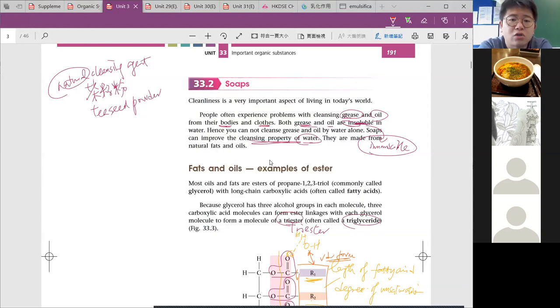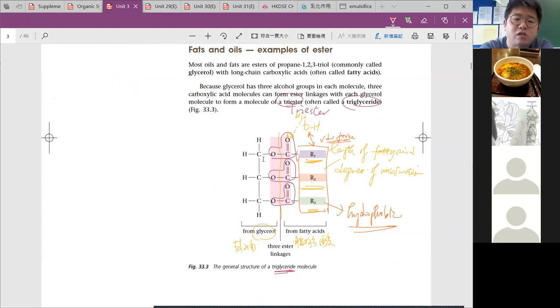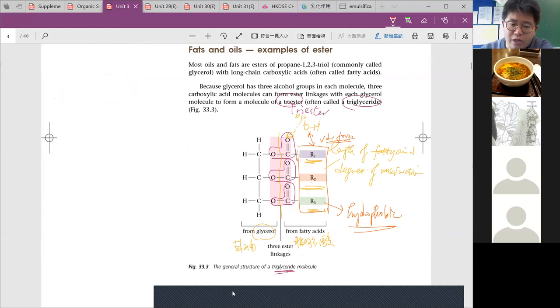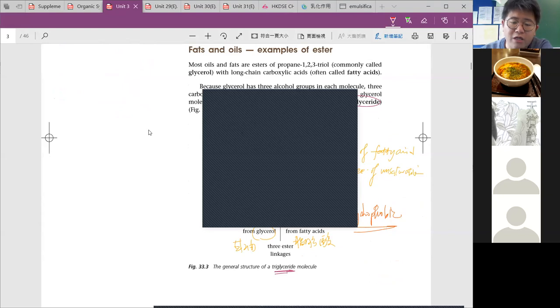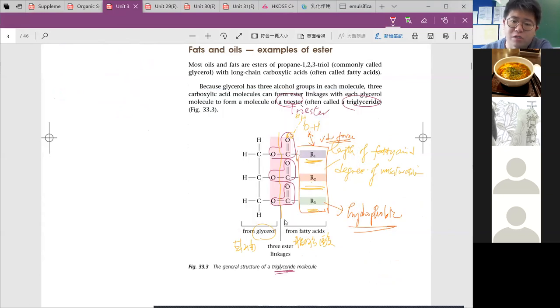So the soap is from the fats and oil. No matter whether we talk about fats or oil, their structure is similar. The structure is in the form of a triester. You are going to deal with the making of soap based on these substances.